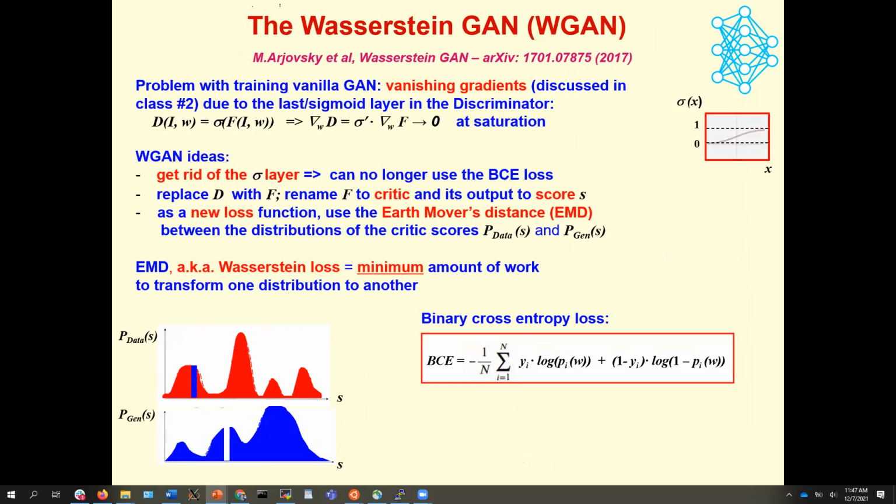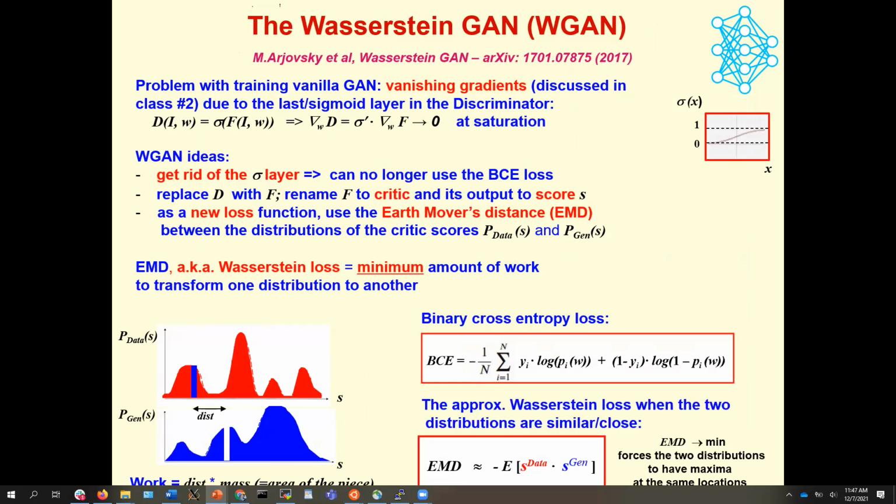So I try to understand the equation at the top, D(I,W) equals sigma f(I,W). What does I mean here? Are you talking about this equation? Yeah, this equation.